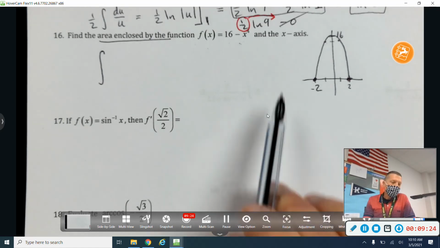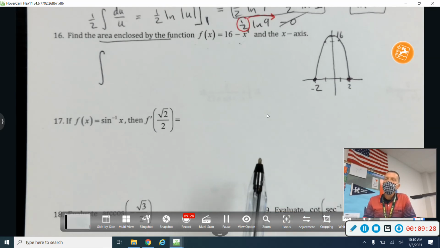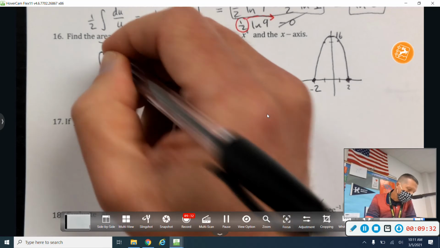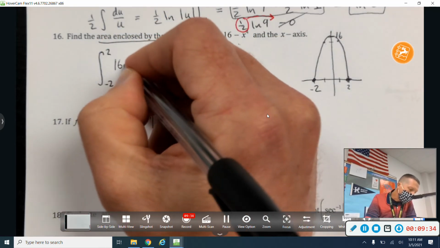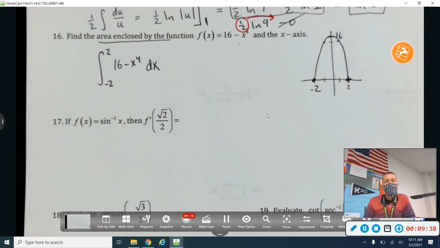So when I do a quick graph, then I catch what my limits are: from negative 2 to 2 of 16 minus x to the 4th dx. That would be that area.